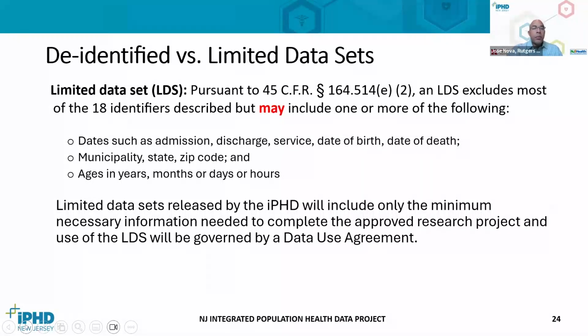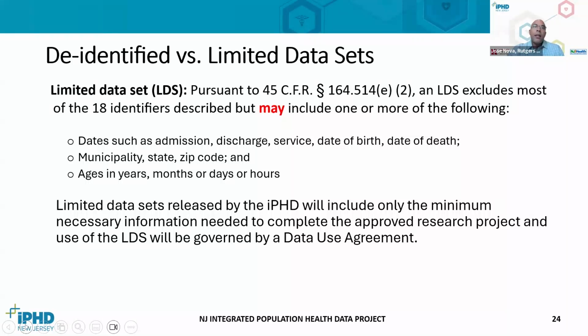The iPHD is also permitted to release limited data sets, which excludes most of the 18 identifiers that were previously described, but it may include one or more of the following. Specifically, dates such as admission, discharge, service, and dates of birth and dates of death are permissible, with the geography, municipality, state, and full zip codes permitted, as well as ages in years, months, days, and hours.